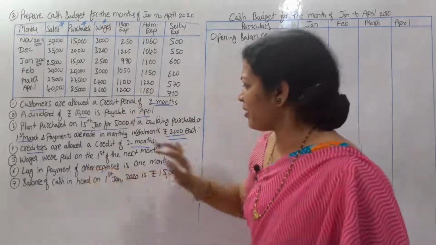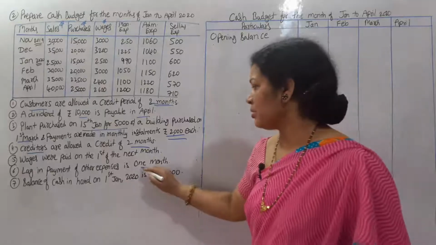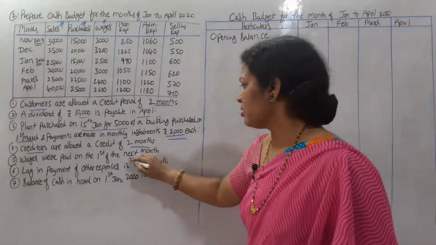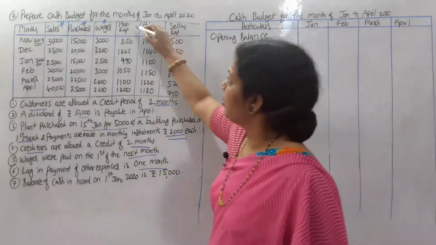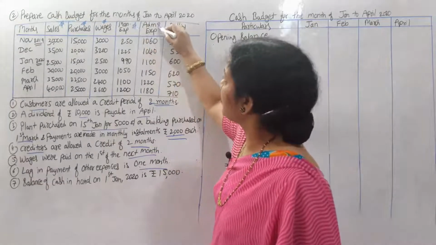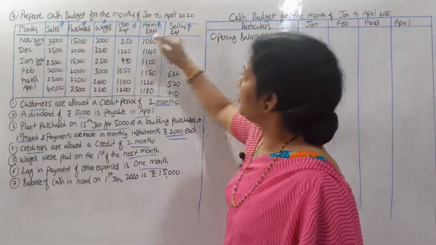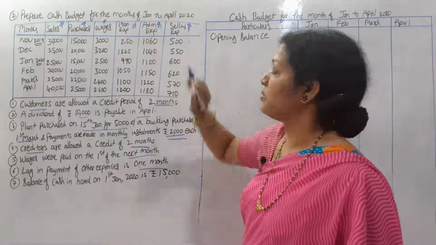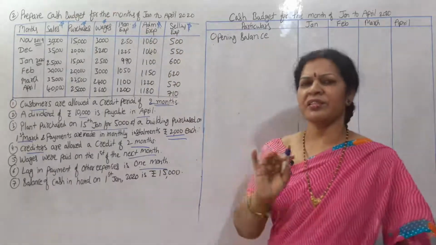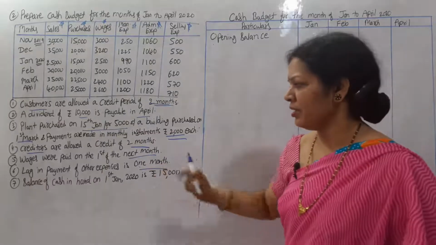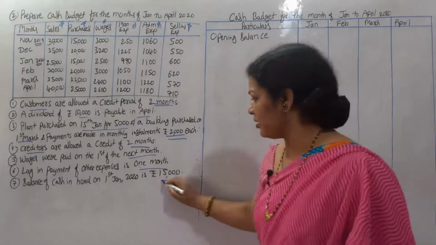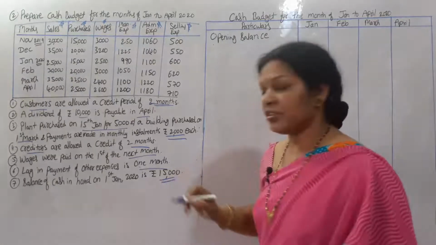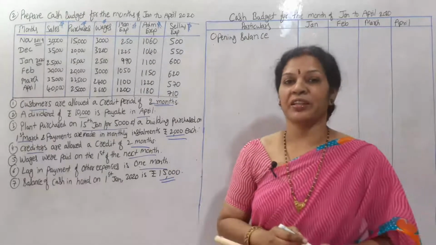Lag in payment of other expenses is 1 month. Other expenses, what are they? Manufacturing expenses, administrative expenses, selling expenses, all these also have 1 month delay. And balance of cash in hand on 1st January is 15,000. This is the opening balance. With this we'll start the problem.